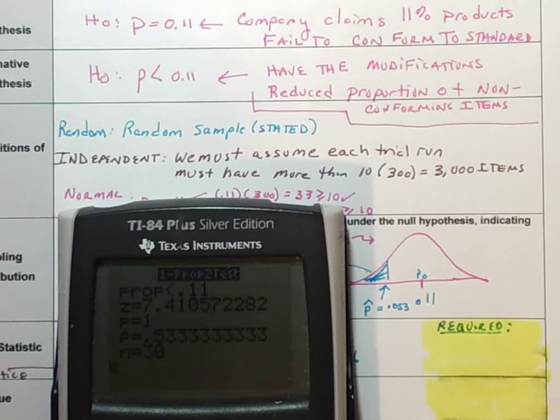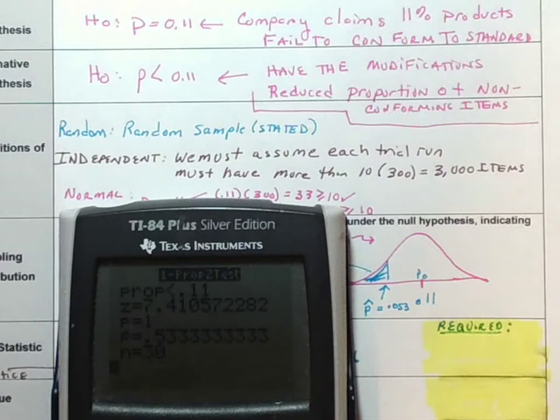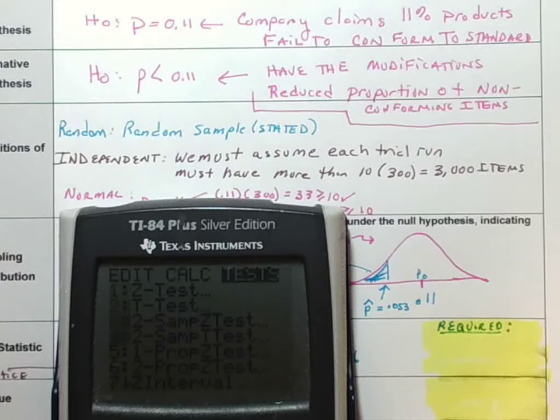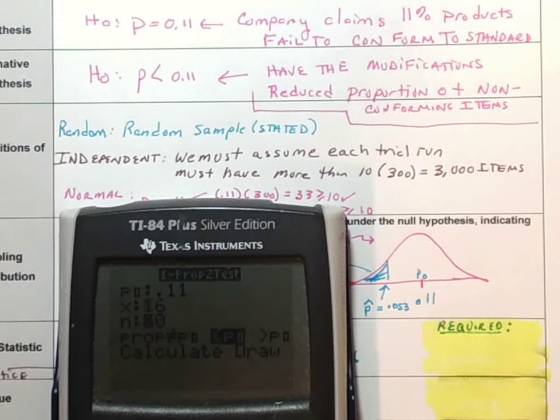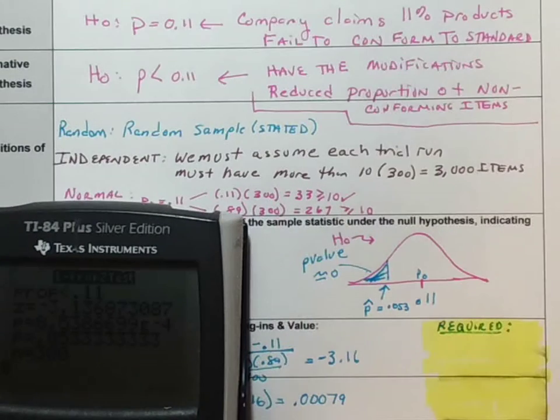And something went wrong here. So let's go back. Stat, tests, one proportion z-test. Okay, my n that I put in was accidentally 30. It's 300. Hit calculate. All right.